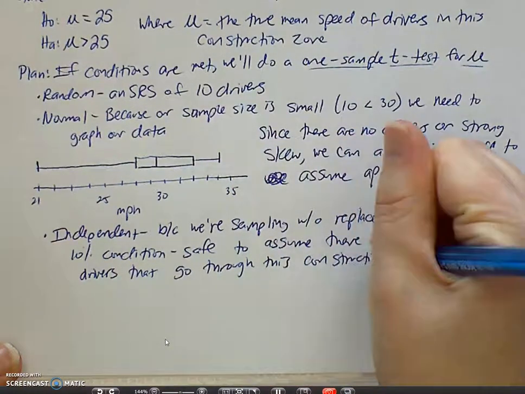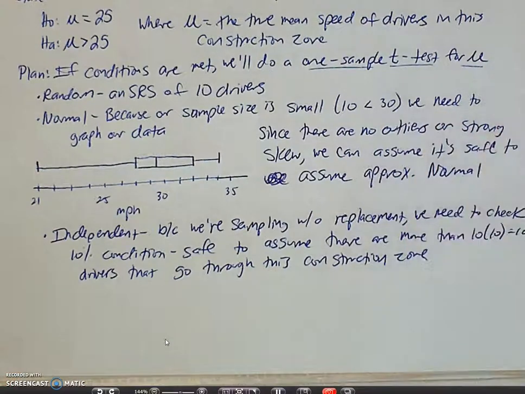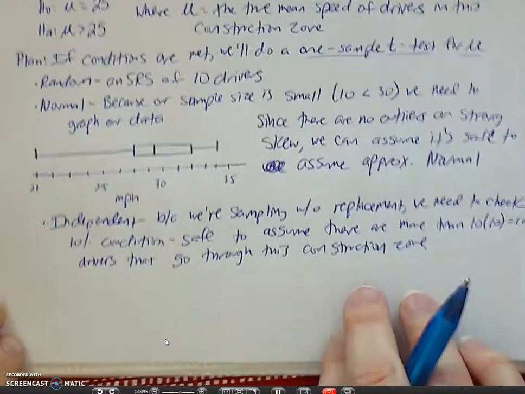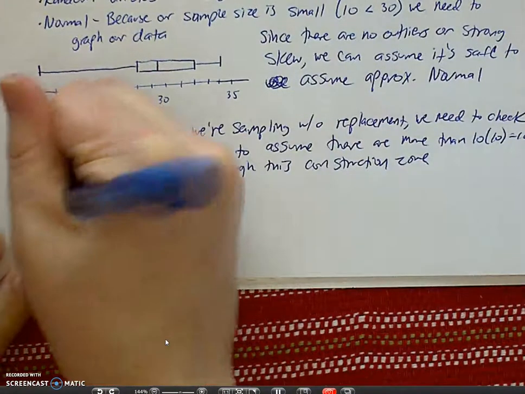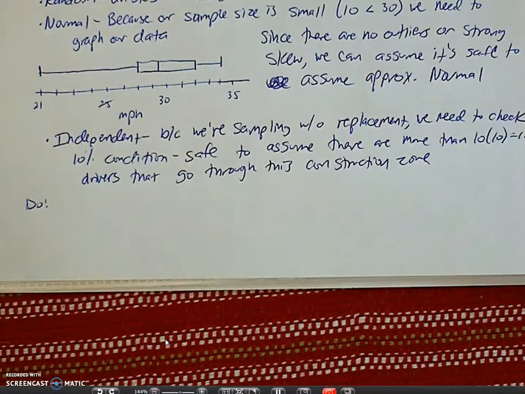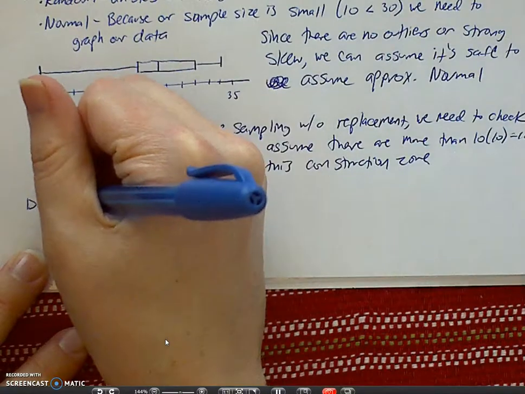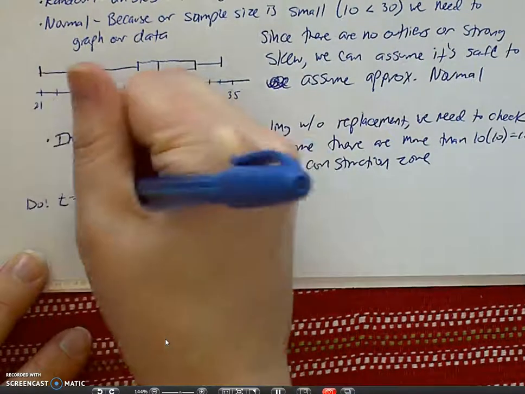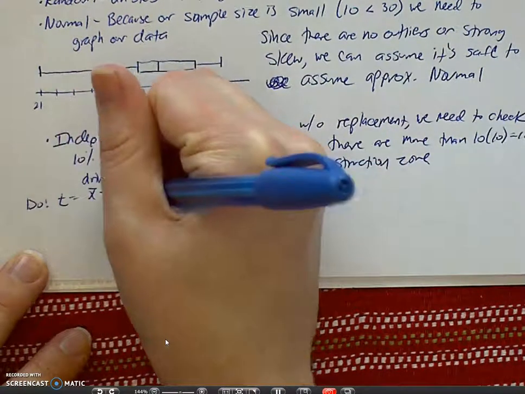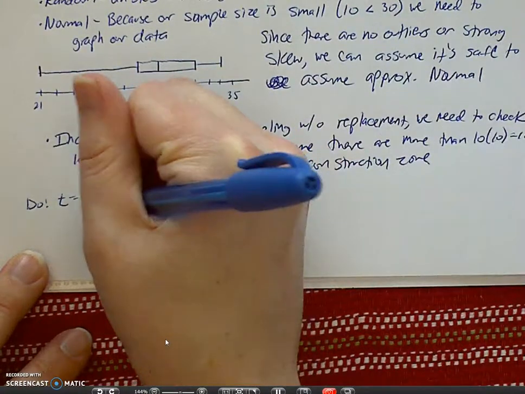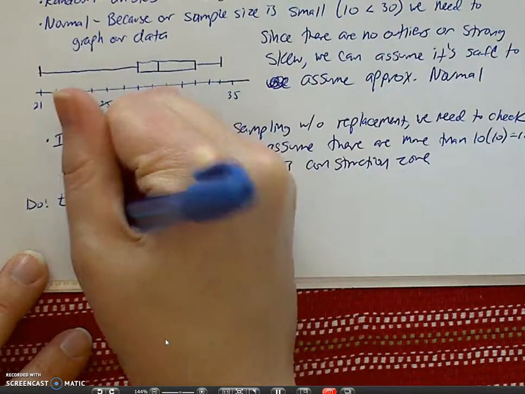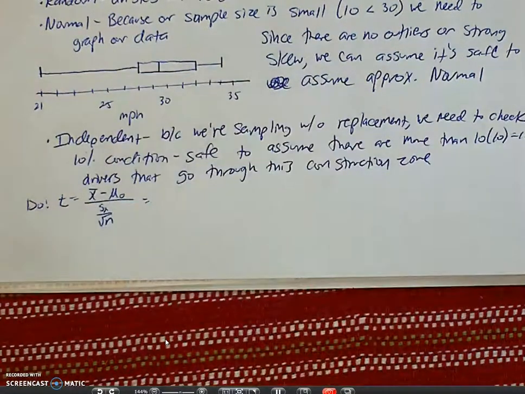Okay, we're halfway there. So now we are going to go into the do part. This is where we do our calculations. Using our formula to find our test statistic t, we take our sample mean minus our claim mean over the standard deviation of the sample divided by the square root of n.